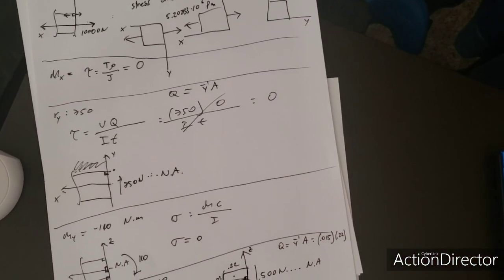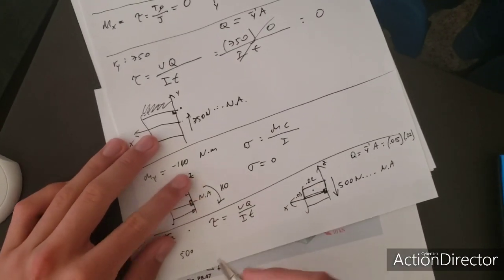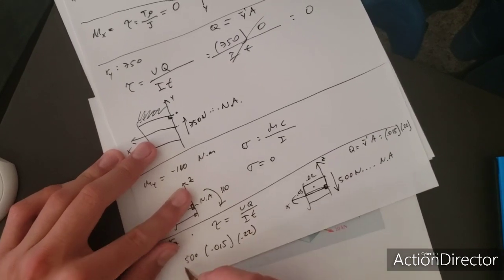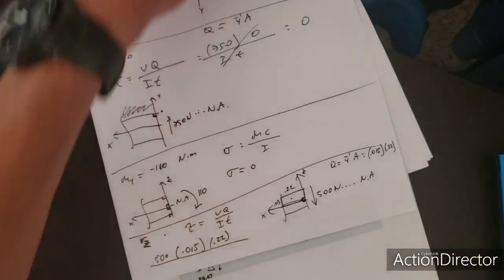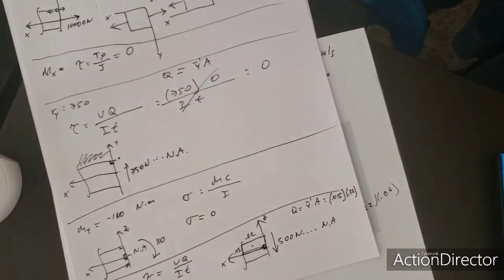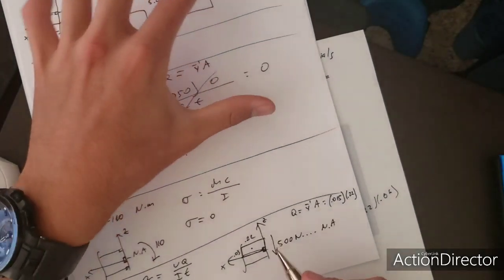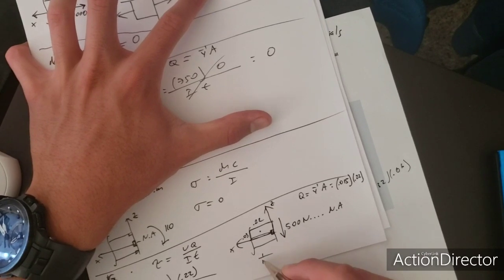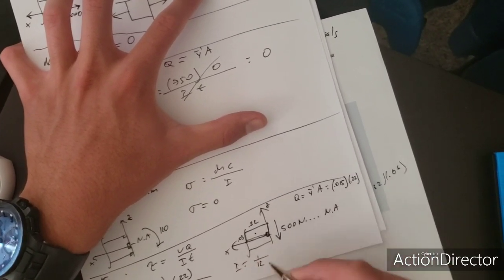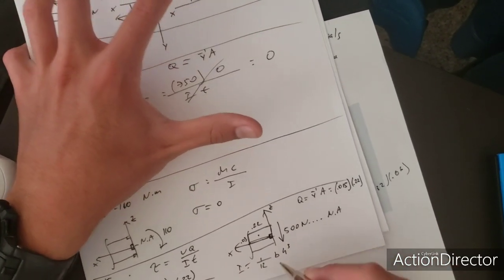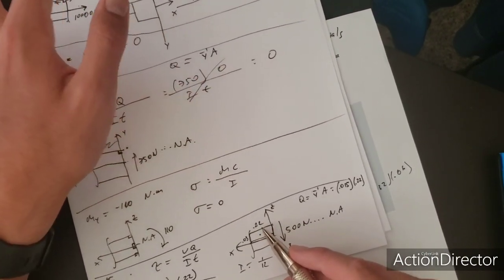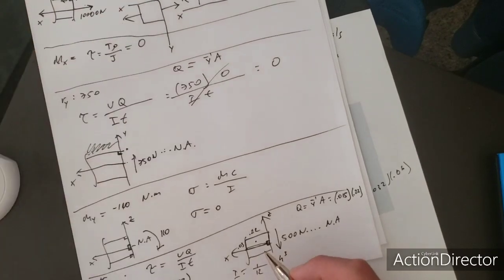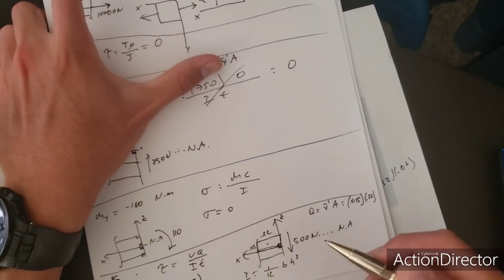And what do we get? Well, let's see here: 0.015 times 0.22. And then I is the area moment of inertia of a rectangle. The formula for the rectangle is 1/12 BH cubed. B is the base, 0.22, this long distance, and H is 0.03.